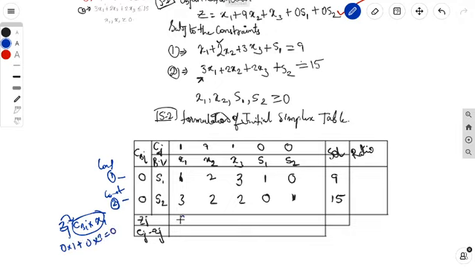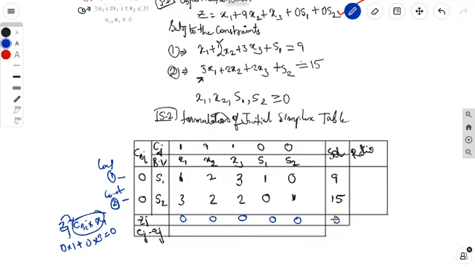So write that 0 over here. Similarly, 0 into 2 plus 0 into 2 is also 0, and all the remaining values are also 0.